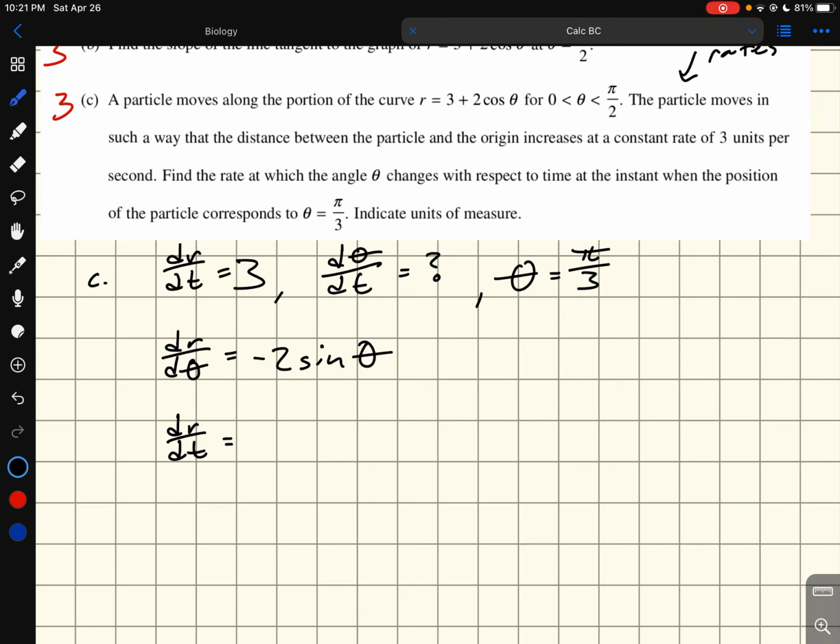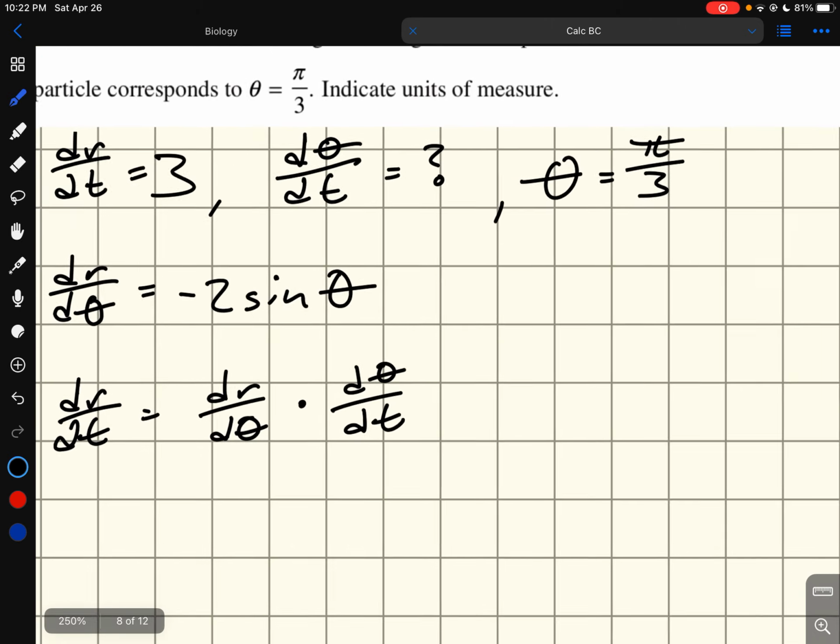How do we relate these two using this? We have dr dt, which is equal to dr d theta times something times d theta dt.